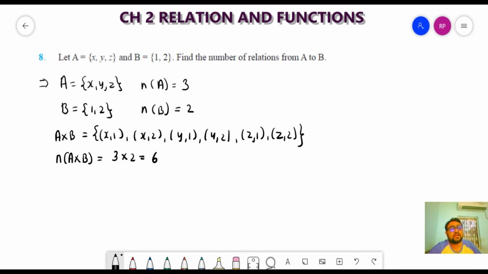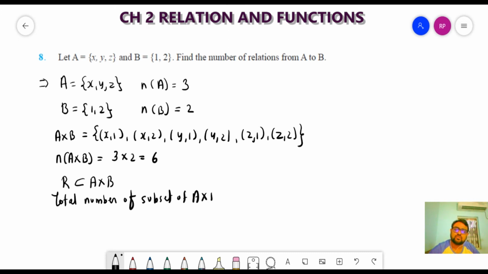Now what is a relation? The relation R will be a subset of A cross B. So what is the total number of subsets of A cross B? This will be equal to 2 raised to n. And how many elements does A cross B have? 6. So 2 raised to 6.